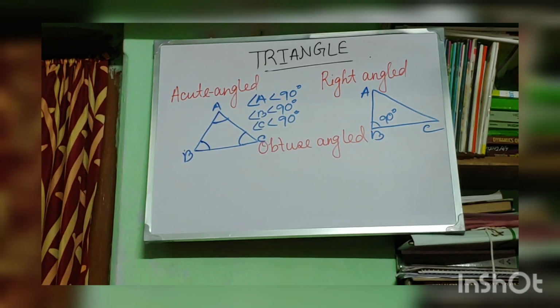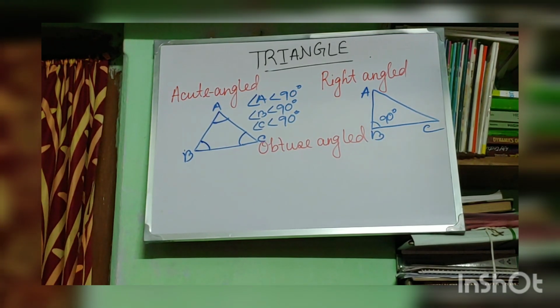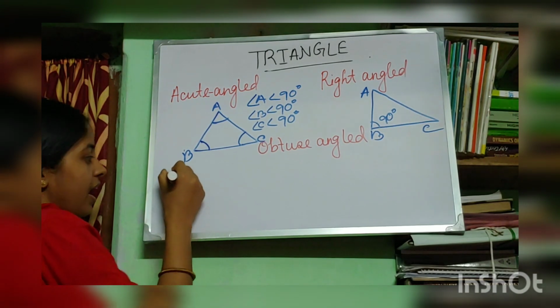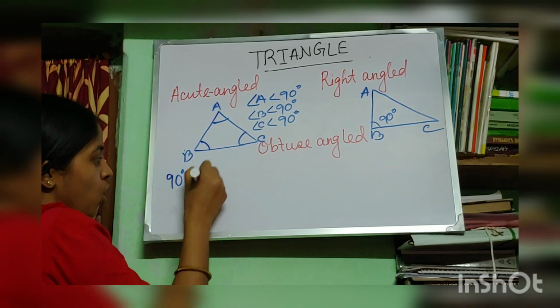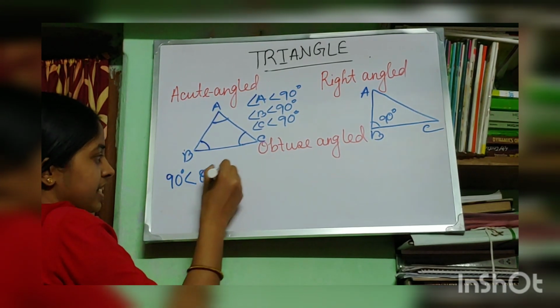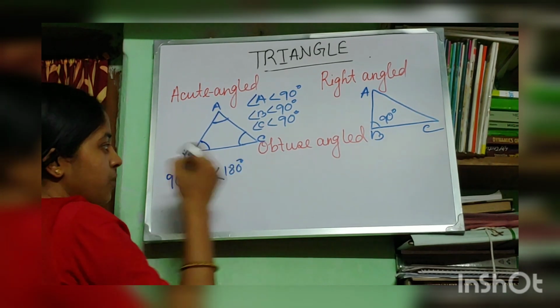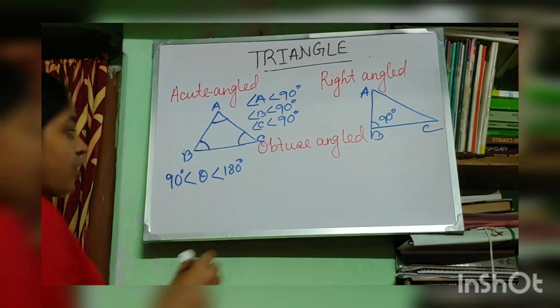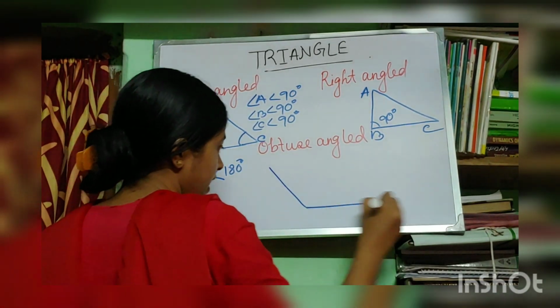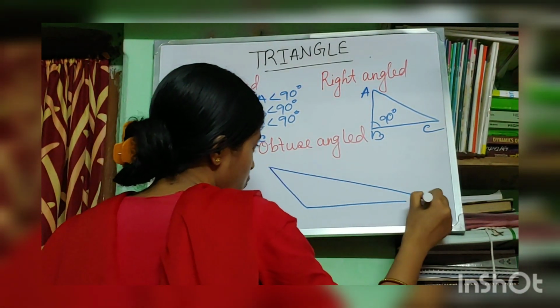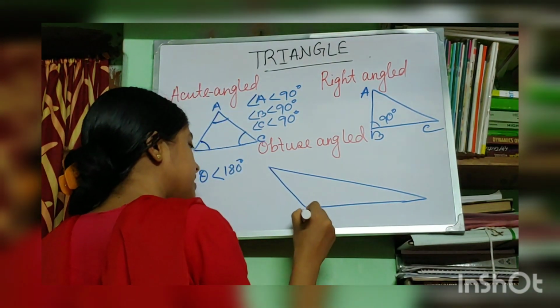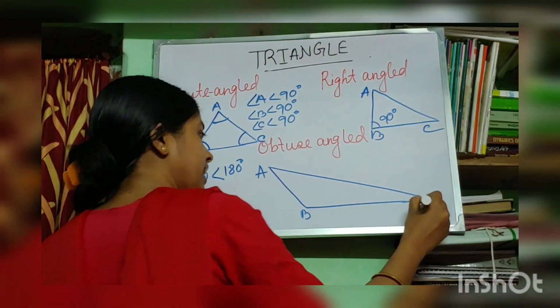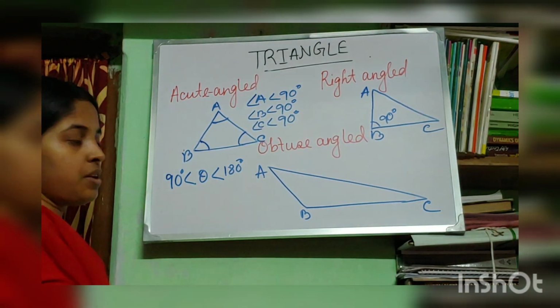Now what is an obtuse angle triangle? Obtuse angle means an angle whose value is greater than 90 and less than 180. That is an obtuse angle. So an obtuse angle triangle means a triangle whose one angle is greater than 90 and less than 180.